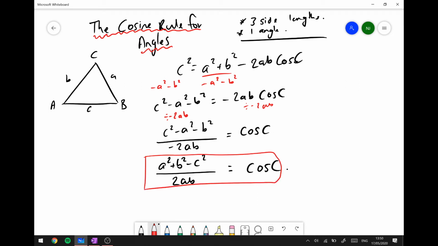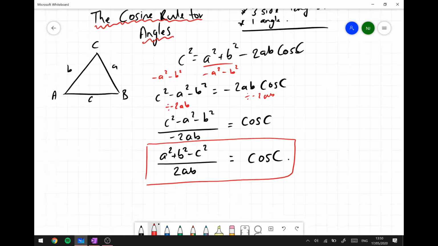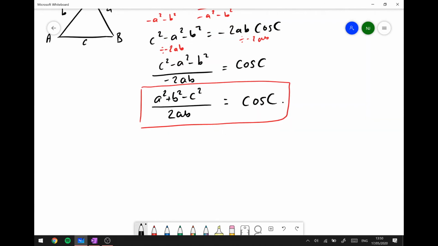You could go a step further and do the next bit as well, but the idea is that this is the formula that you use. To complete the last step, however, that's the one you will see more often.